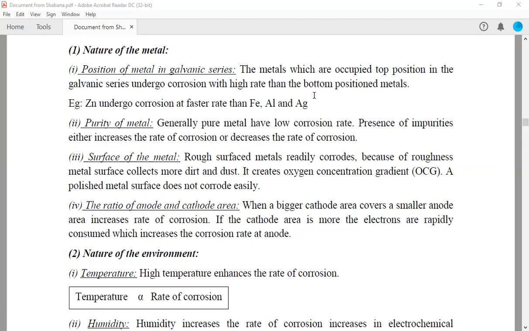Example for this is zinc undergoes corrosion at a faster rate than iron, aluminium, and silver.